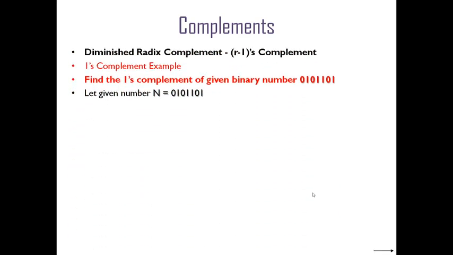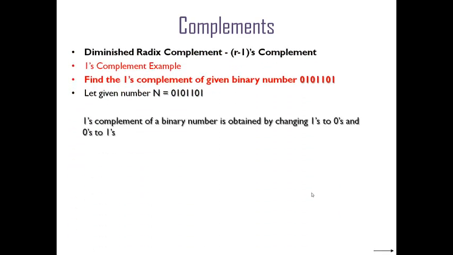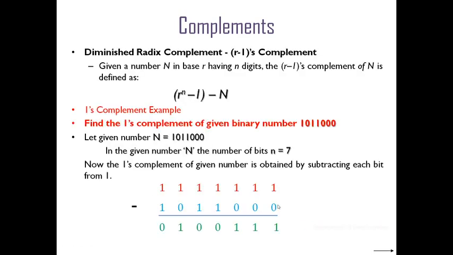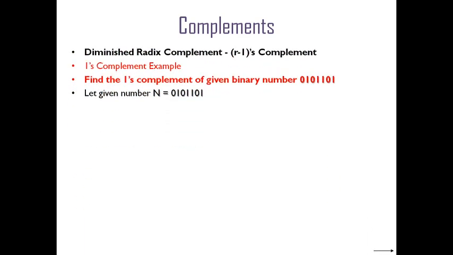If you see one more method to obtain the ones complement, this is a given number, and if you replace 0 with 1, 1 with 0, we will get the ones complement. Simply, in the previous method we subtracted each digit from the ones. Instead, the direct method for ones complement is: if you replace 0 with 1, 1 with 0 in the given binary number, that gives the ones complement.